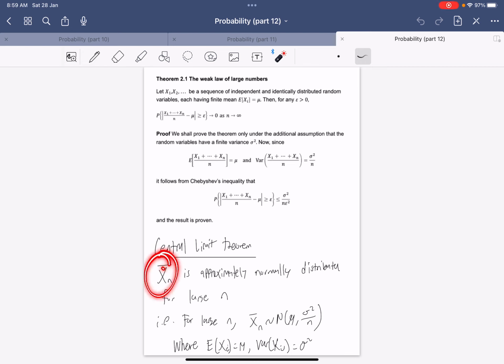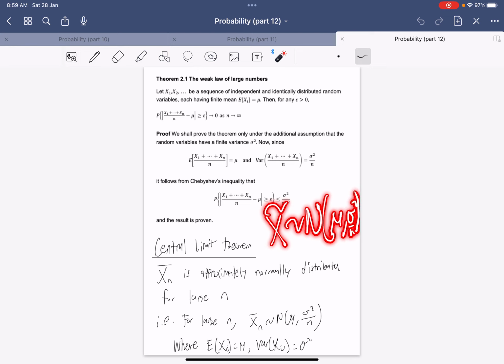It says that the sample mean will be approximately normally distributed, with mu and sigma squared over n, for a very large n. The proof of the central limit theorem takes a bit more effort, but a simple case is given in the textbook, which I won't go through. So you can read it up if you are interested.